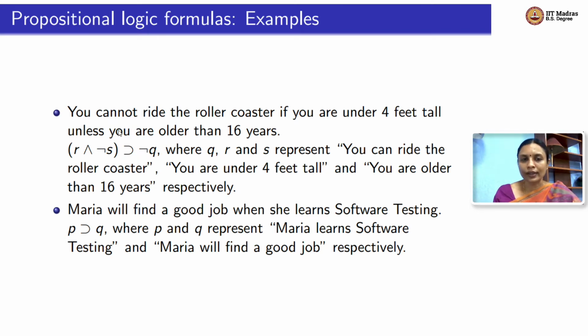Let me read it out once again: R and not S implies not Q. That's what this sentence says. What we have done now is express this sentence as a formula in this logic.